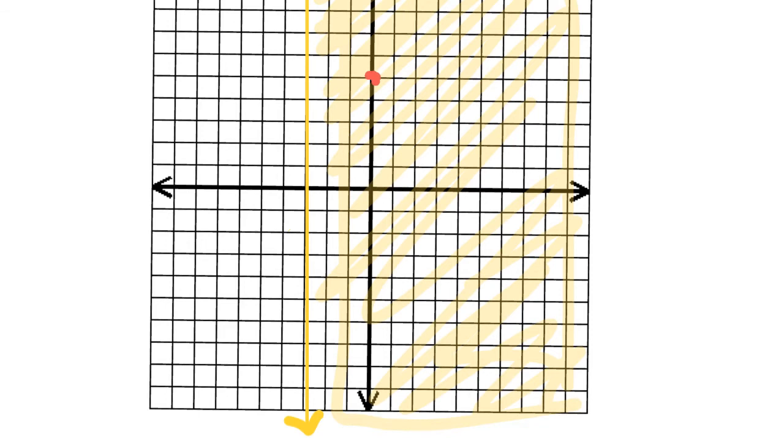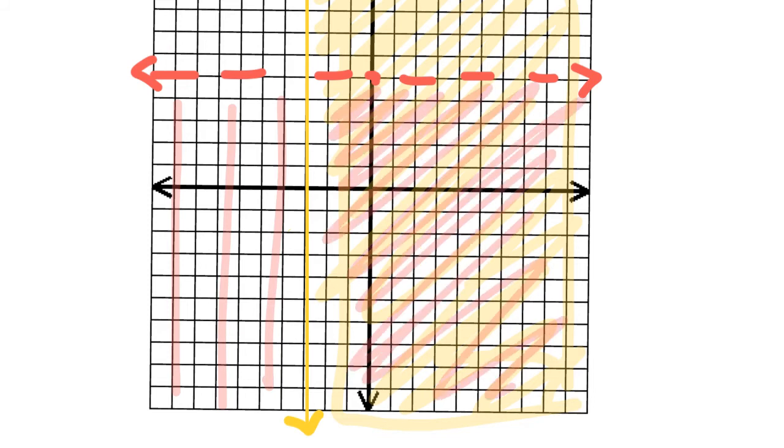And since it's less than, we will draw a dashed line. Since it's less than 5, we will be shading below. So all of this below the line will be shaded. However, it's only over here that it intersects with my other inequality.